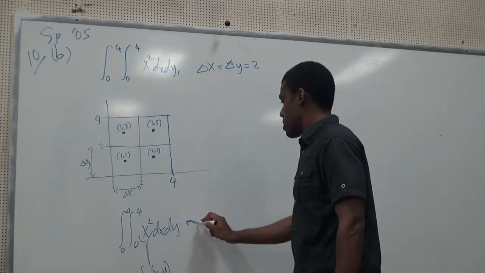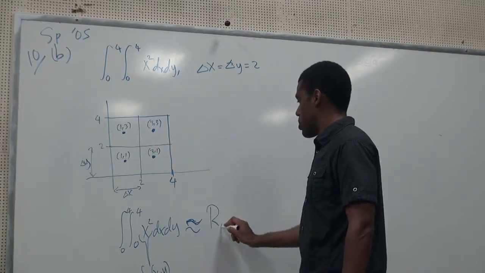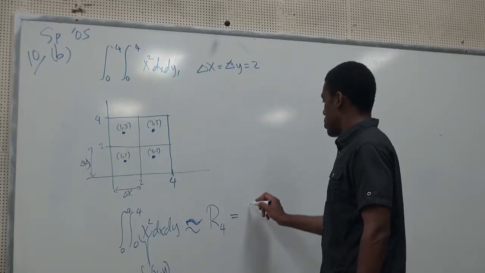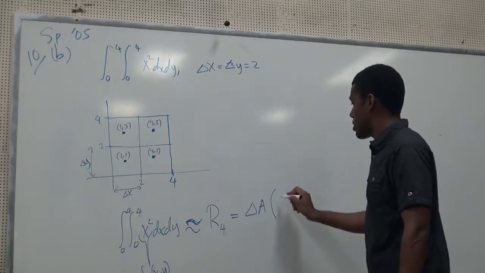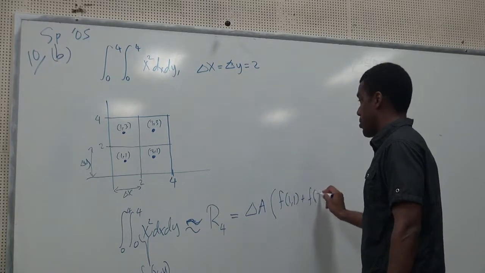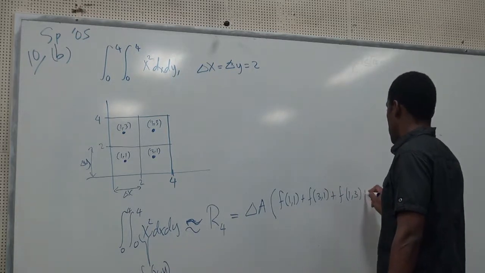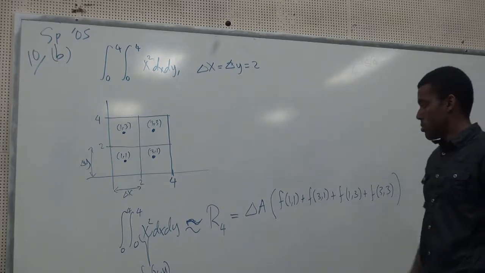This is approximately equal to the Riemann sum with 4 subdivisions, which is delta A times f(1,1) plus f(3,1) plus f(1,3) plus f(3,3).